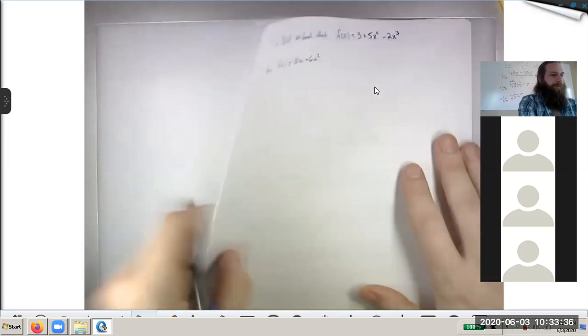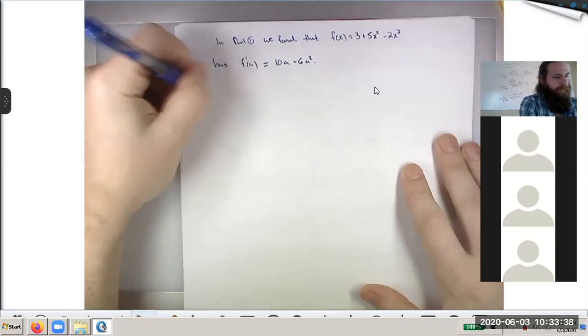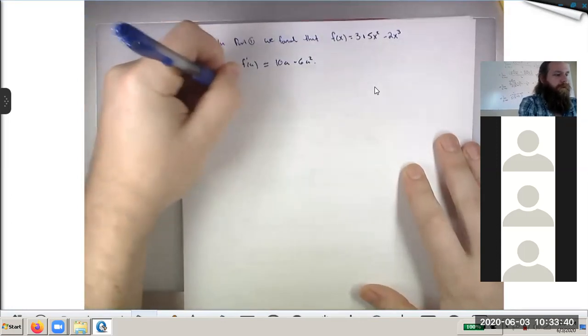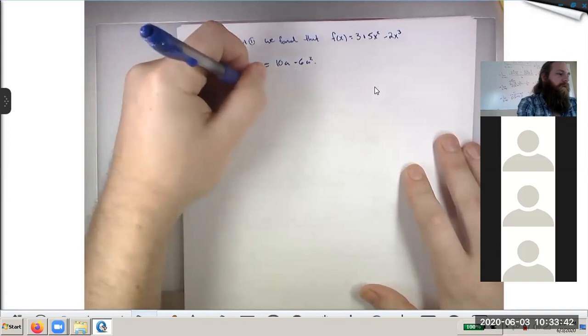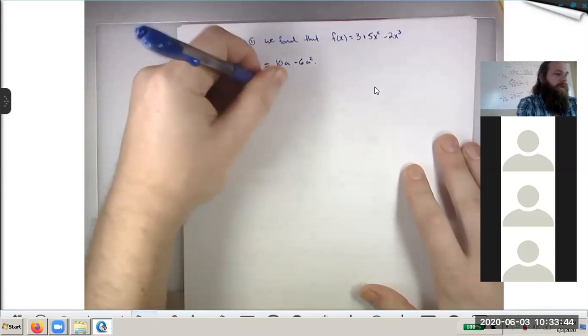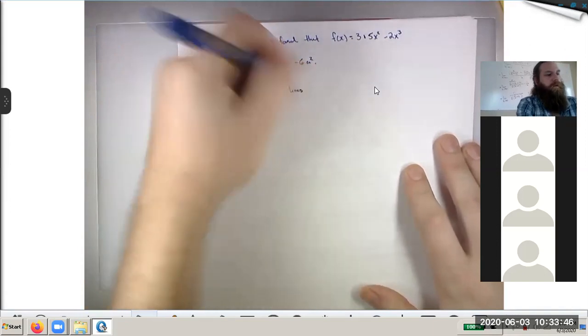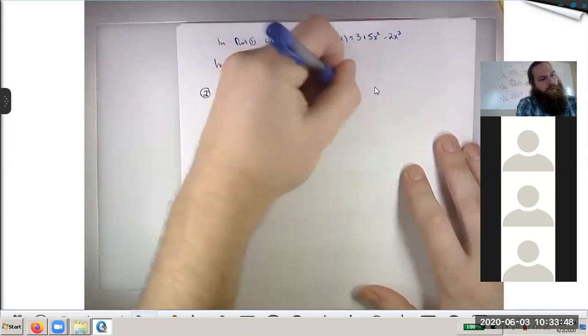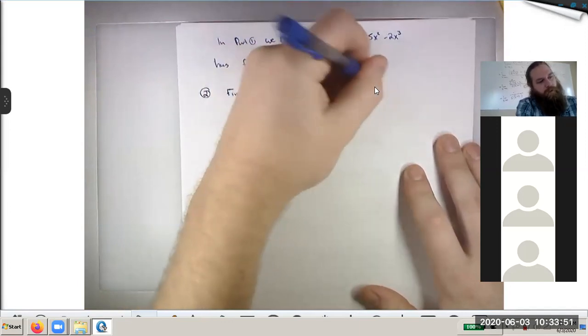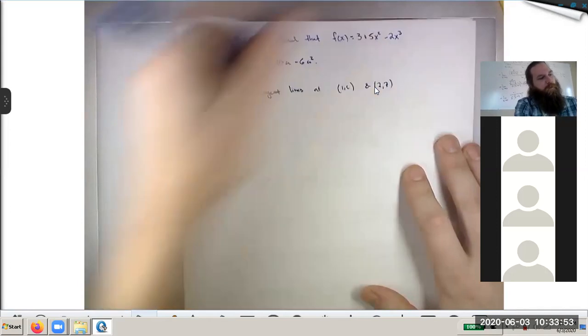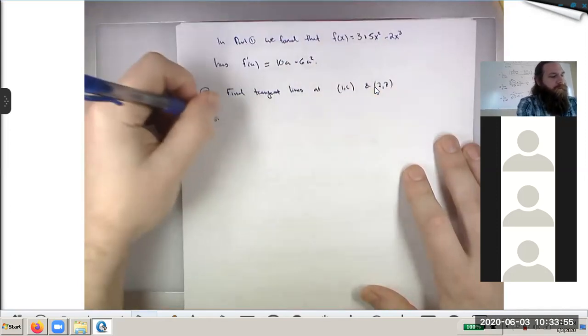And part two of my question says find the tangent lines at 1, 6 and 2, 7.